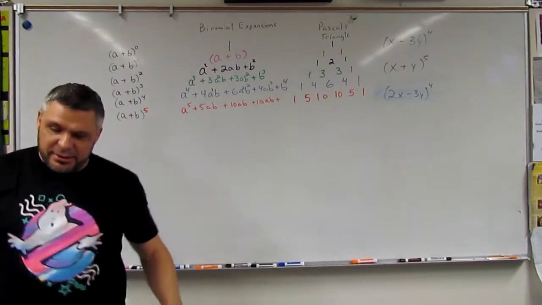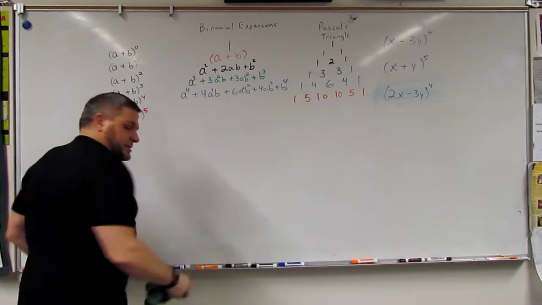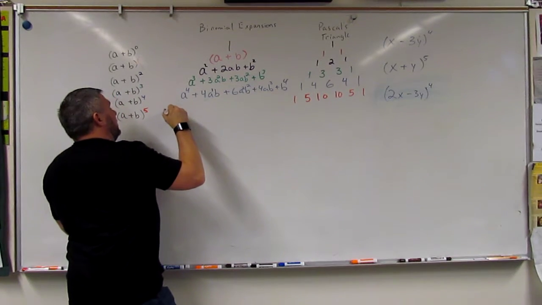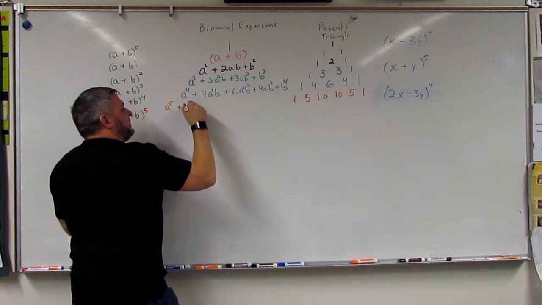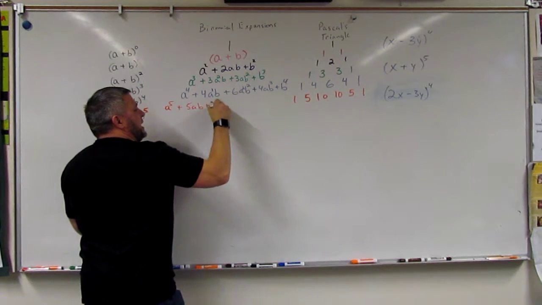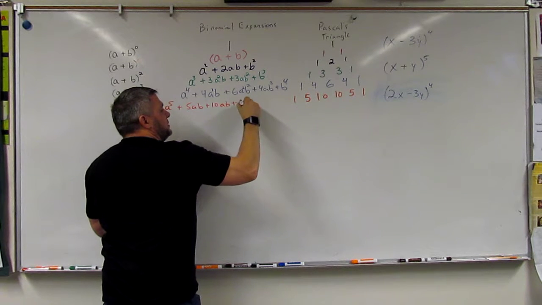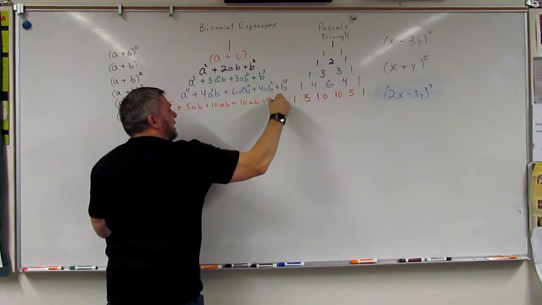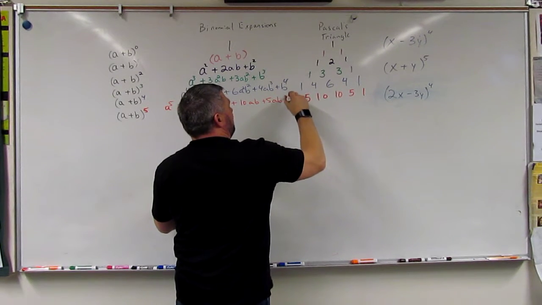Let me redo that. Yes, plus 5, so we're going to have a to the 5th plus 5ab plus 10ab plus 10ab plus 5ab and then plus b.